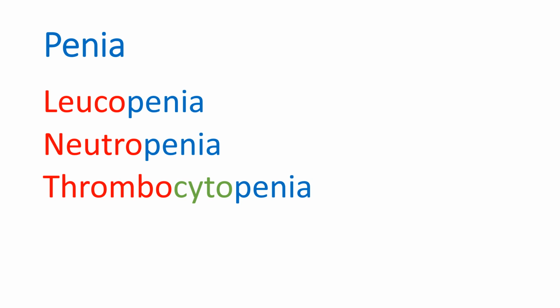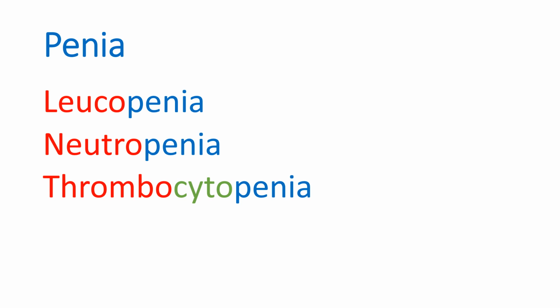Now, penia is from the Greek for deficiency or poverty of. So a leukopenia means a reduction in the number of white cells in the blood. A neutropenia is a deficiency or a reduced number of neutrophils in the blood.